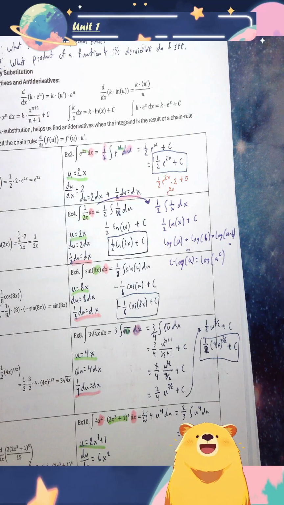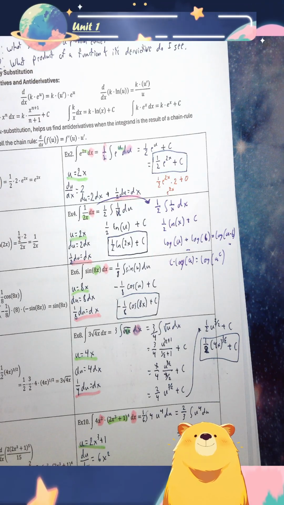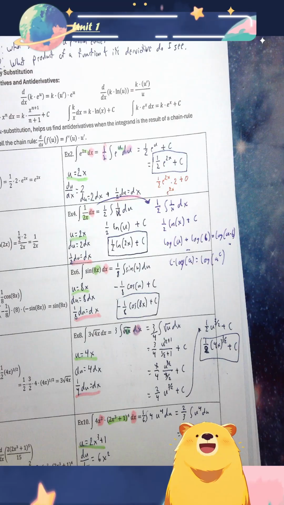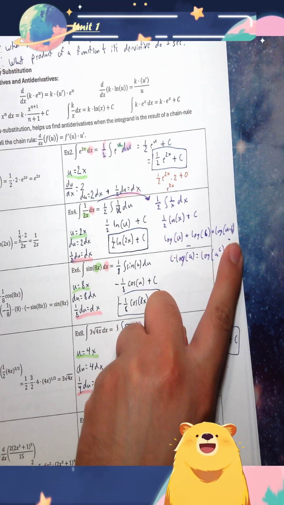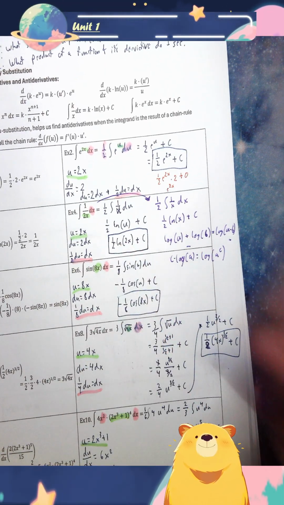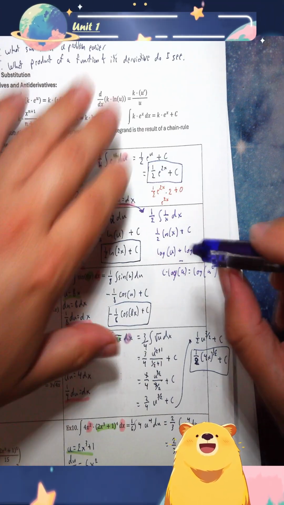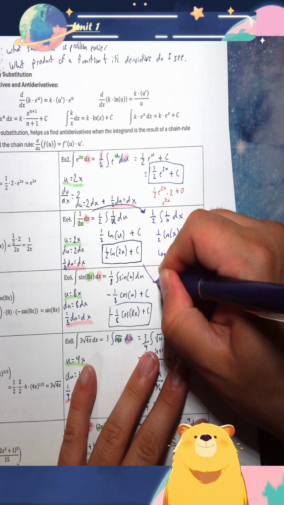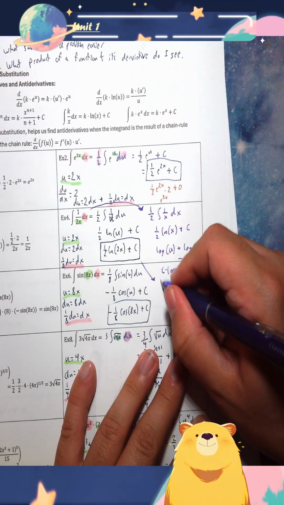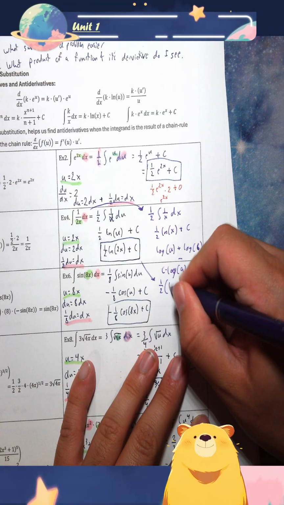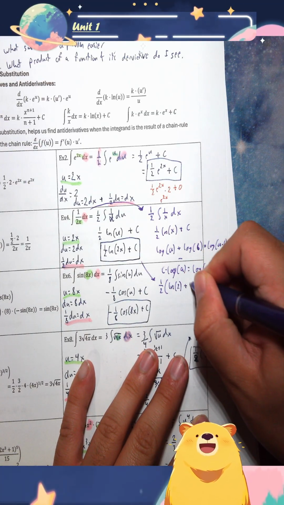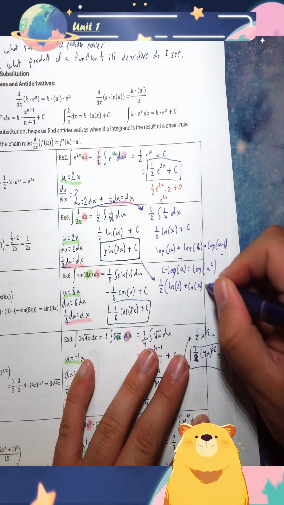Okay, and then from there, what you have is that this can technically be written as, here, I'll erase it a little bit. This can be written as 1/2 parentheses ln of 2 plus ln of x.